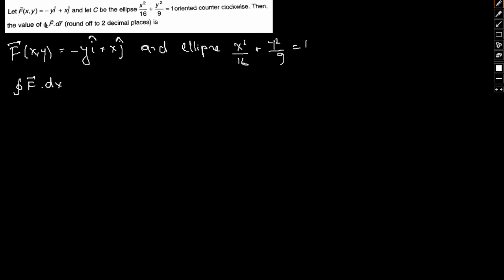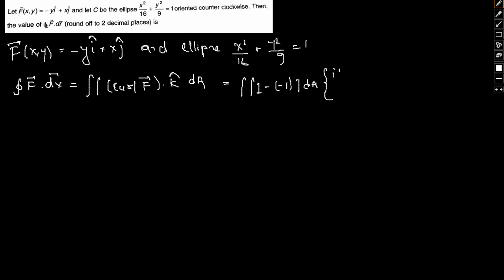so we have the double integral of curl F dot k vector dA. This will be further given as the integration of 1 minus of minus 1 dA.